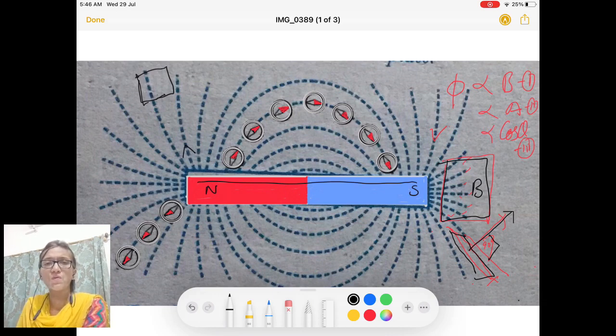So when angle between area vector and field lines is 90 degree, net flux through the area is 0. And we know that cos 90 only is 0. So the flux also is proportional to cos theta. It means flux also depends on orientation of magnetic field and area vector.